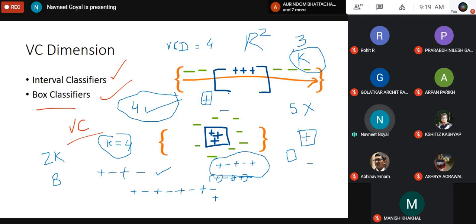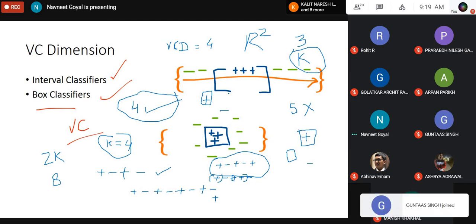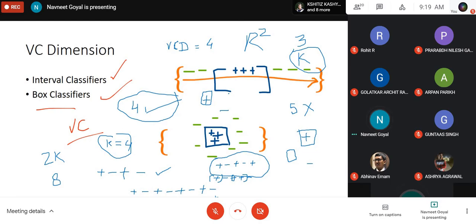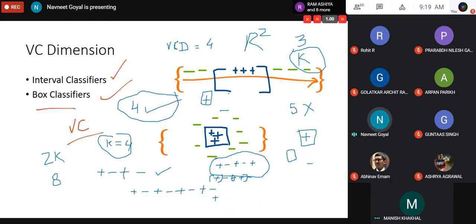So now suppose I have 3 points. What happens? We can't, in the worst case. You have to tell me the specific case where we can't. When we have plus, minus, and then plus in a straight line.